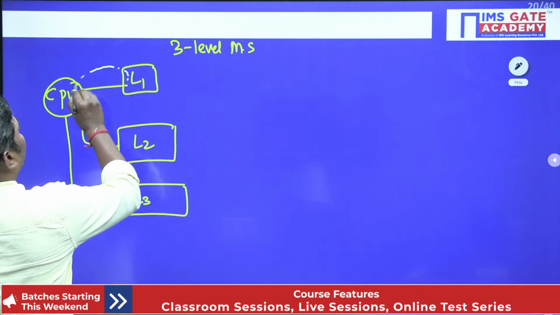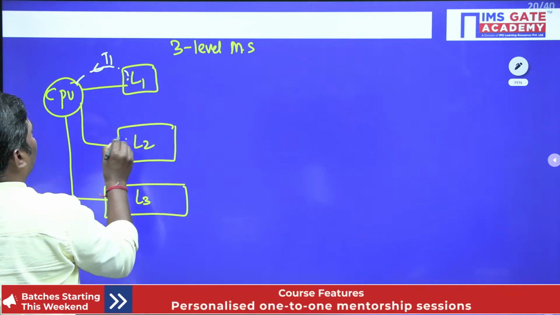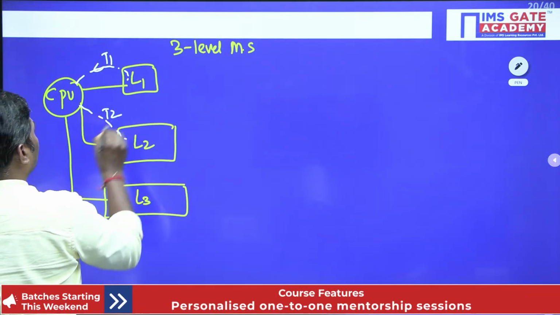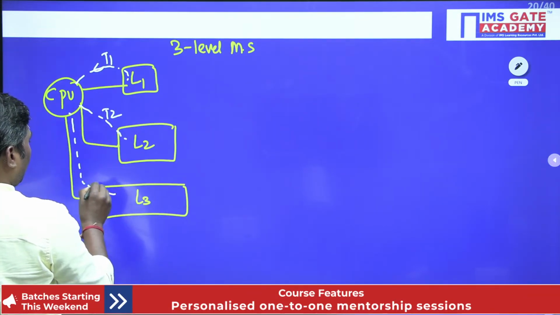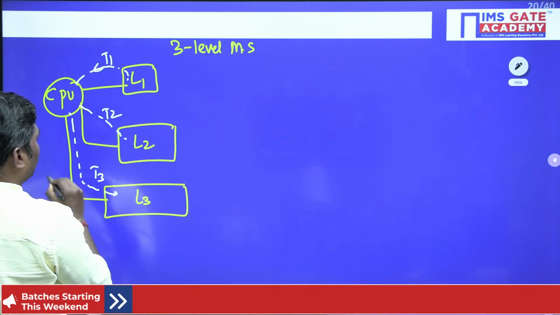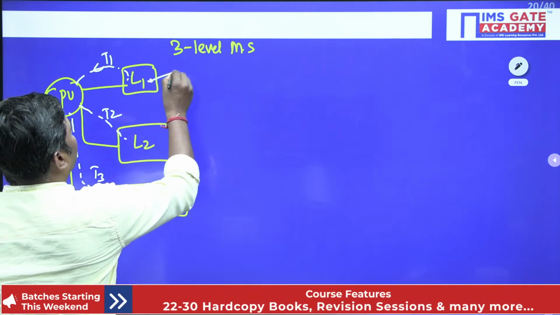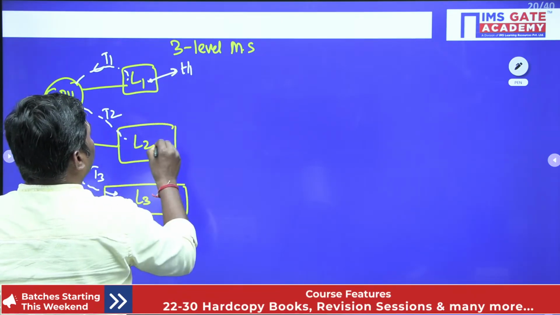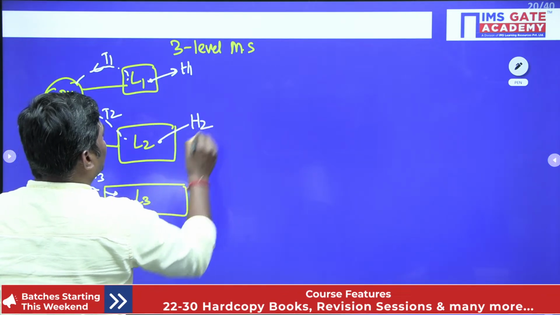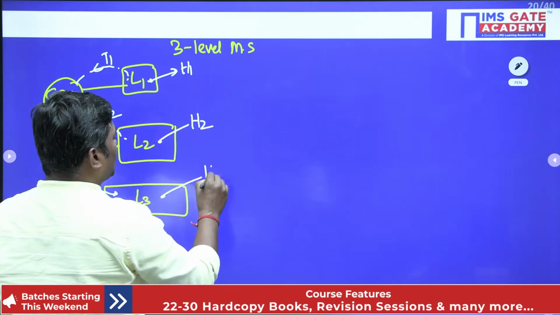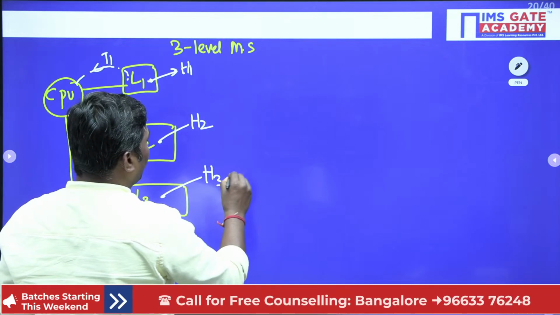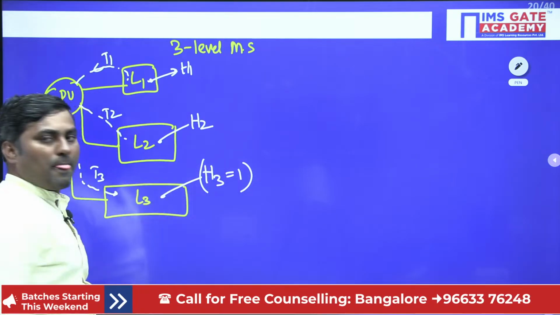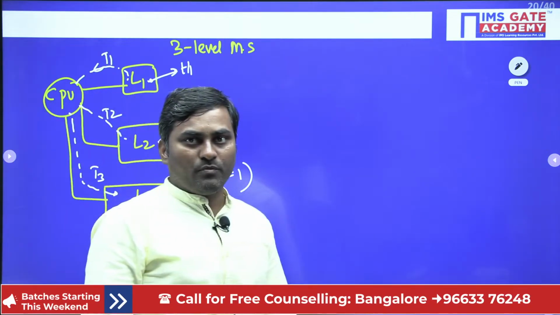Access time of L1 is T1, of L2 is T2, of L3 is T3. Hit ratio of L1 is H1, of L2 is H2, of L3 is H3. By default H3 equal to 1 only, yes or no?